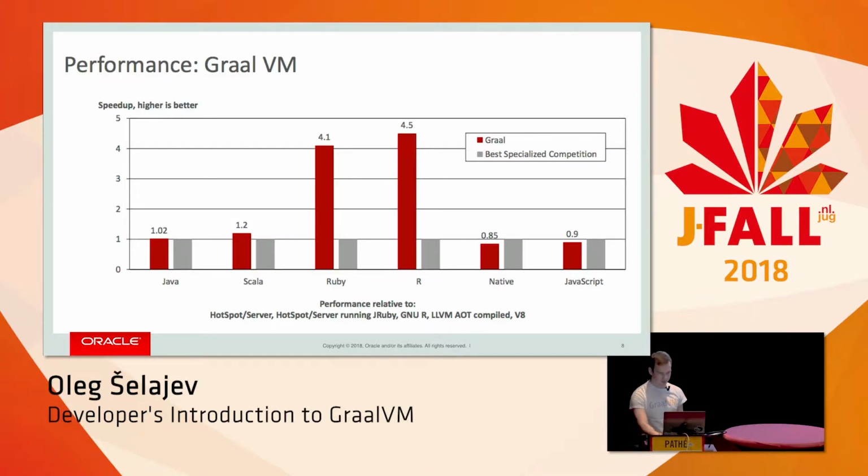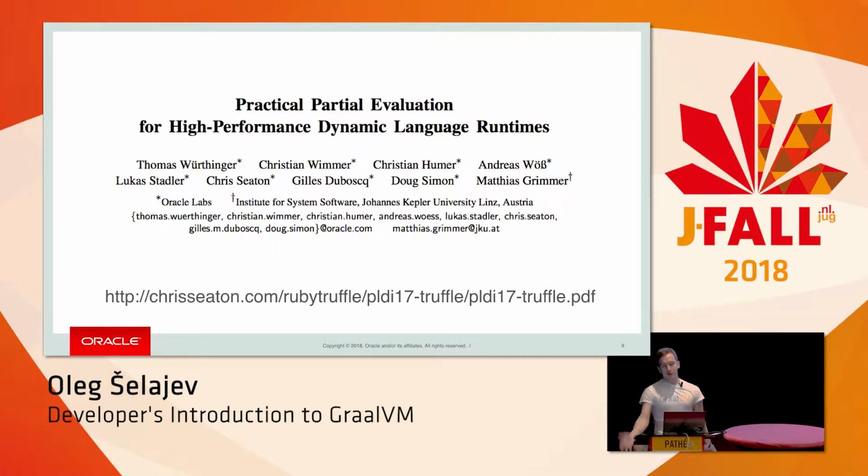So it's fast. And if you want to know why it is fast and how it works under the hood, then probably the best source of information currently is this academic paper. Since we are at Oracle Labs and we are in academia a little bit, the results are published in papers, conferences, journals. So you can read that.